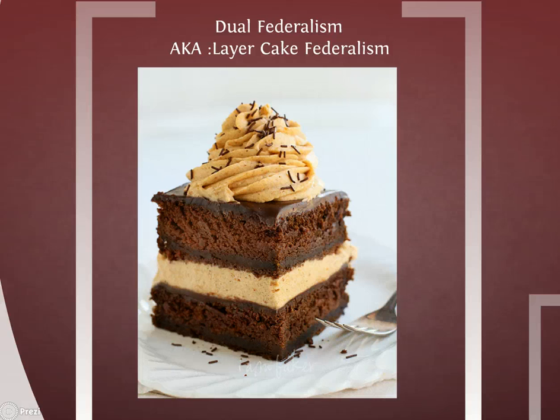From 1789 through 1932, dual federalism was the dominant pattern of national-state relations. Congress and presidents did enact some laws that states argued infringed on their powers, and the courts typically found in favor of the states in those cases. Yet, as the 1819 McCulloch case shows, sometimes the court ruled in favor of the national government.